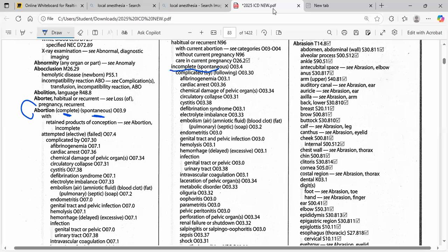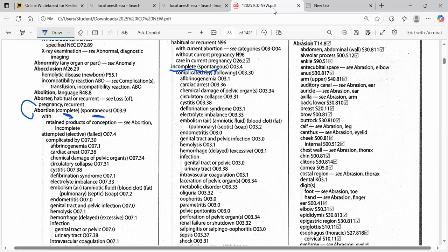So everything has been moved out of the body. In that case, we will consider it as complete. But if patient has anything retained in the body which is related to the product of conception, then you are going to consider it as incomplete.